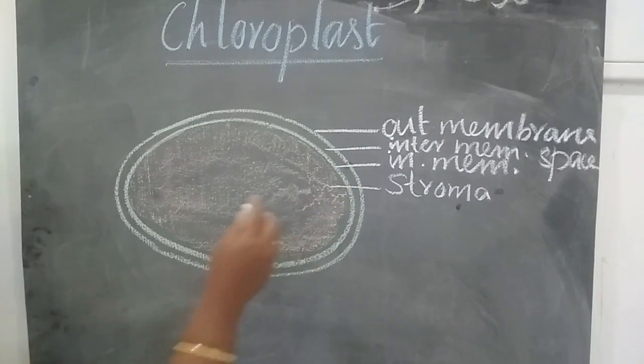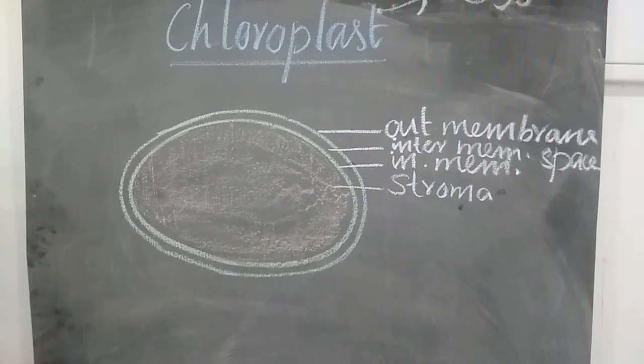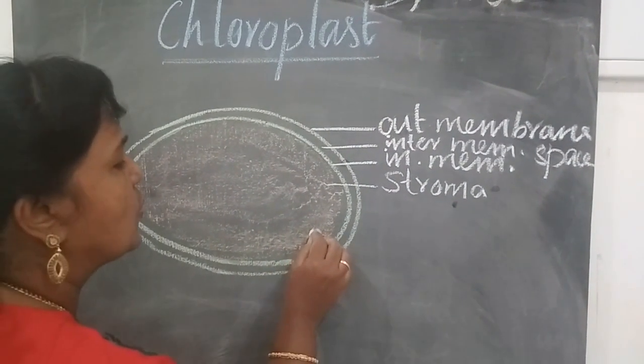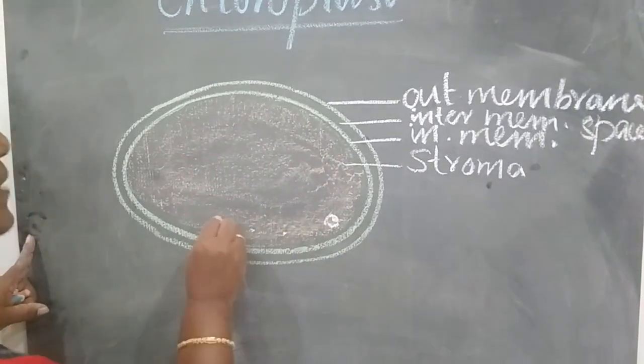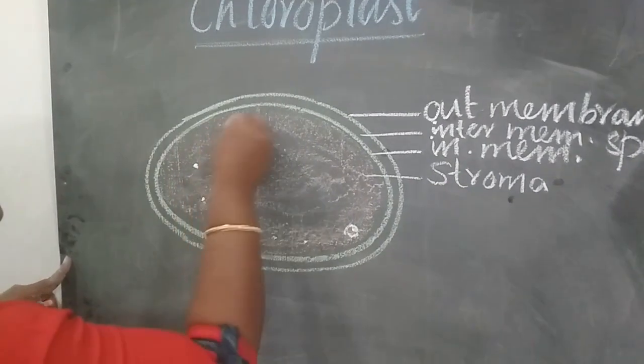In the stroma there is circular DNA, and ribosomes are present here and there.